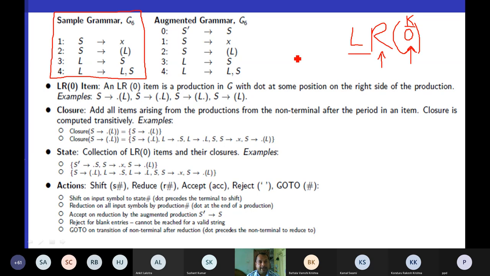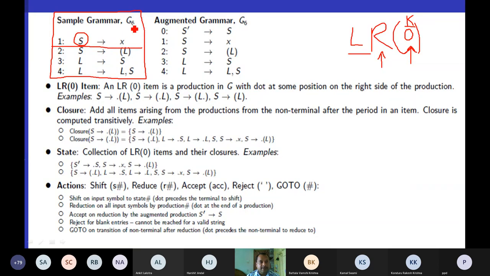That way you will get the set of terminal symbols and the set of non-terminal symbols. By default, unless otherwise specified, we will assume that the left hand side non-terminal of the first production rule is my start symbol. That completes the definition of the grammar.